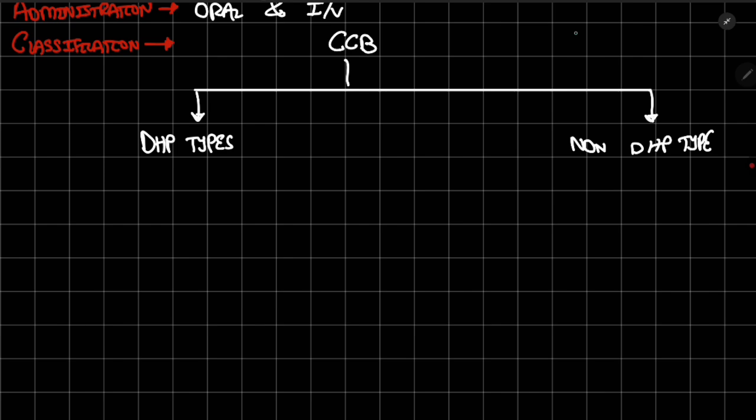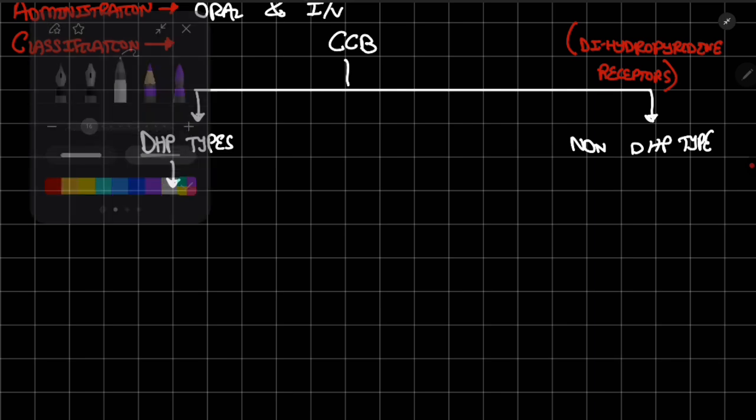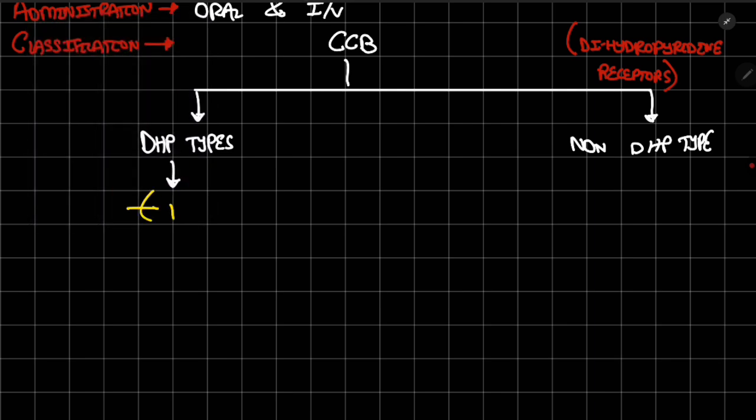Let me just write it somewhere. Dihydropyridine receptors. Going back to physiology, we have learned about EC coupling, where there are dihydropyridine receptors. So calcium channel blockers are of DHP type and non-DHP type. Under DHP type, we see the drugs which have the suffix dipines.